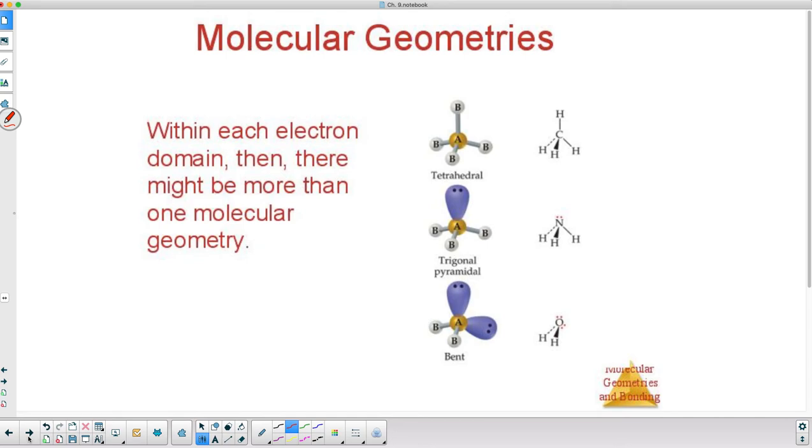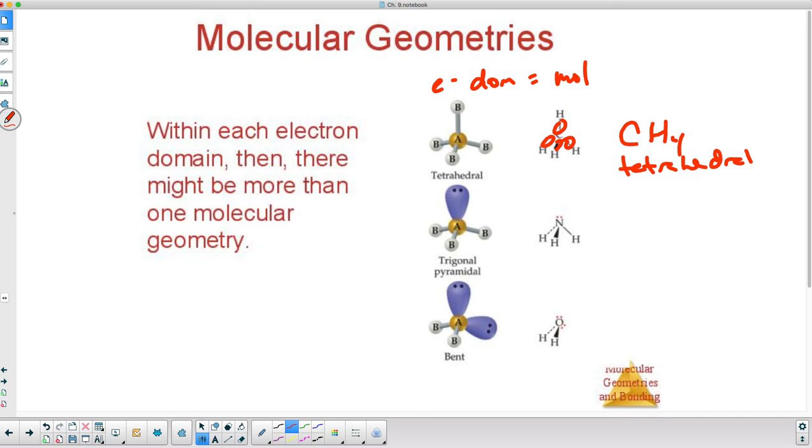That means that if we have something like CH4 here, all 4 of these bonds are bonding electrons, and our shape is tetrahedral. Our molecular geometry would be tetrahedral also. So this is a case when there are no non-bonding pairs, where the electron domain shape and our molecular shape are equal to each other. They're the same when there are no non-bonding pairs.